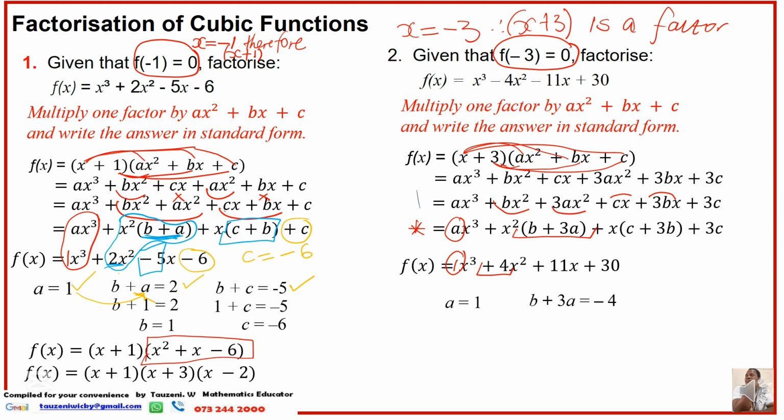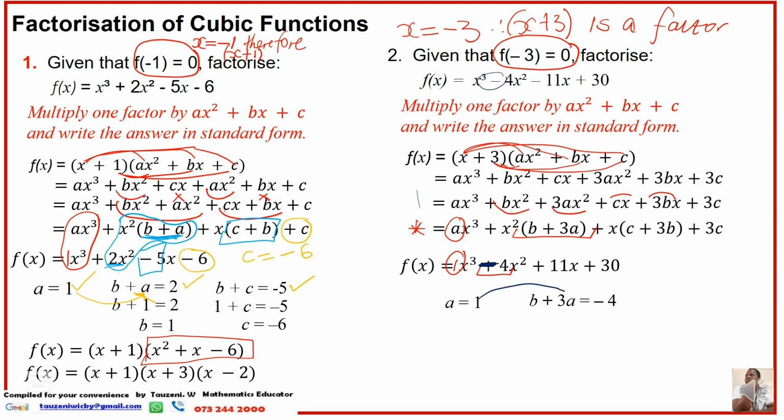So let me just correct this one. b plus 3a is equal to negative 4, because the coefficient of x squared in my expression is negative 4. Then this will allow you to calculate the value of b.